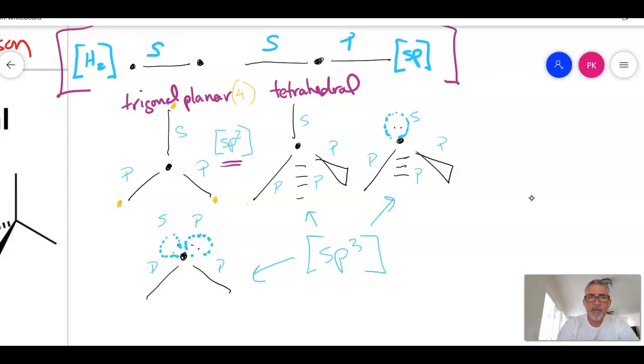If you look at this tetrahedral, if I have 5 atoms, tetrahedral, this next one is pyramidal. If you look at pyramidal, oops, I have 4 atoms in pyramidal.